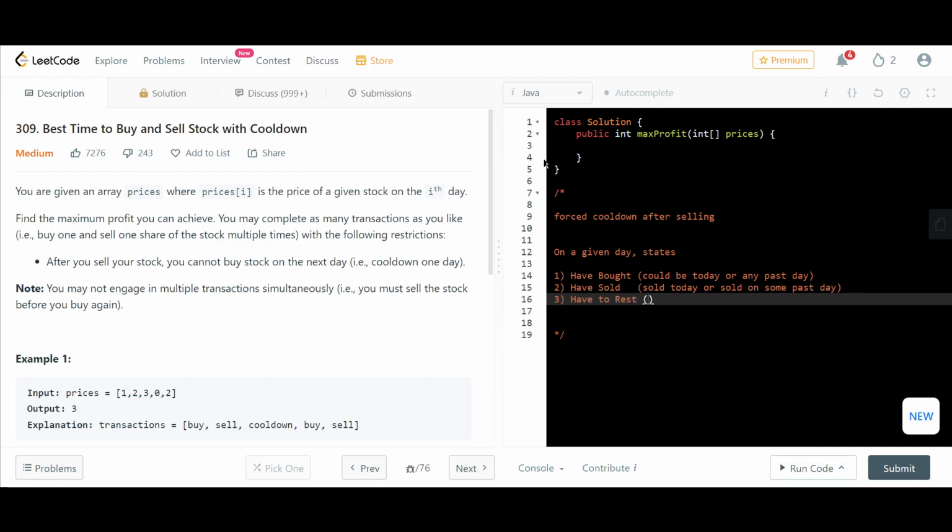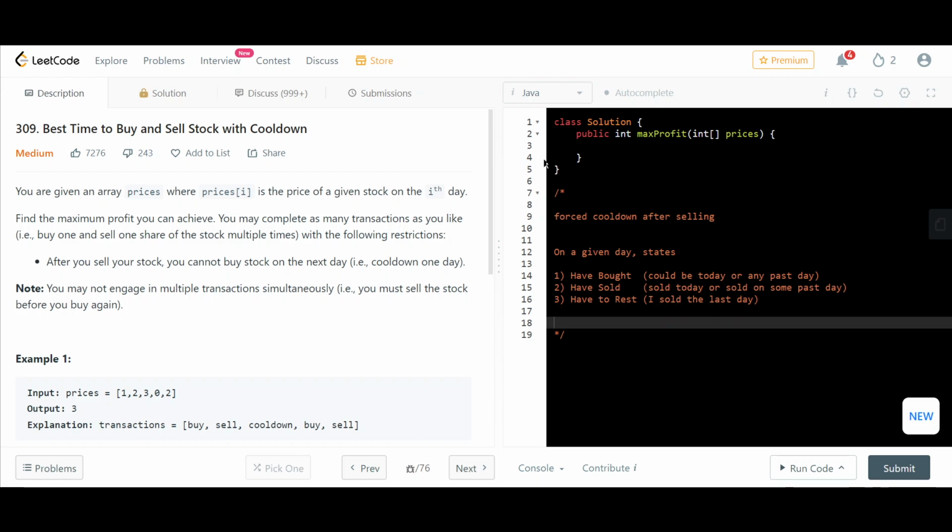That just means I sold the last day. These are the three states that we have to maintain.